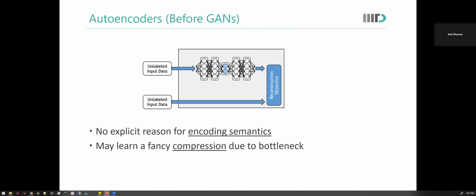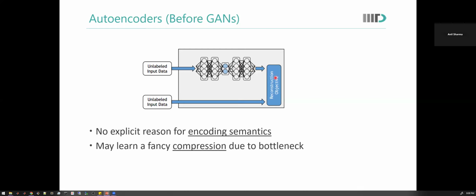Before GANs, autoencoders were widely used for unsupervised learning, and particularly the main domain was dimensionality reduction. For example, we were giving unlabeled input data to the encoder layers of the autoencoder, and then there was a small layer which was encoding the input data into a small dimensionality. Then using fully connected layers, we were trying to reproduce the same data.